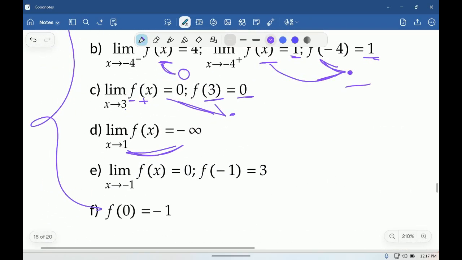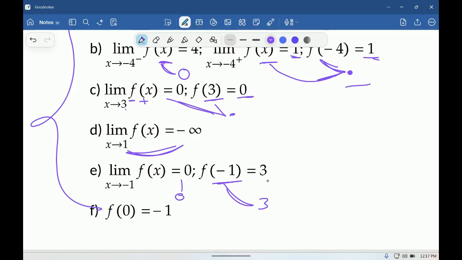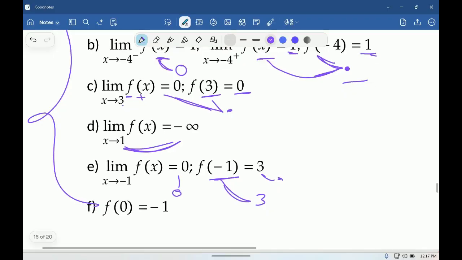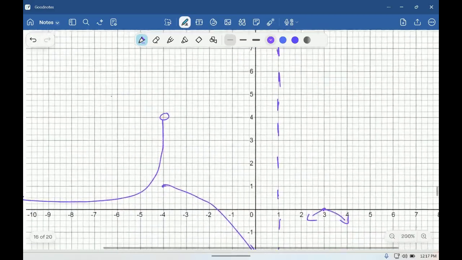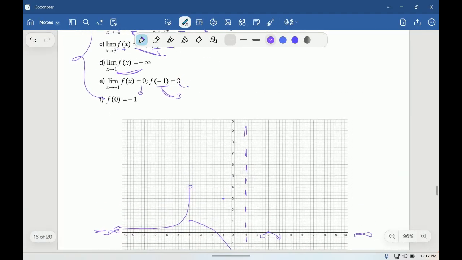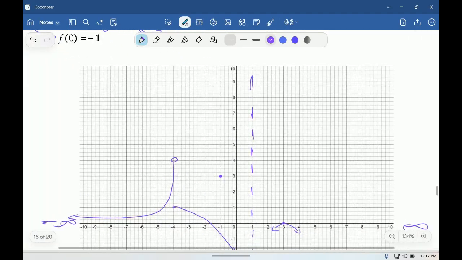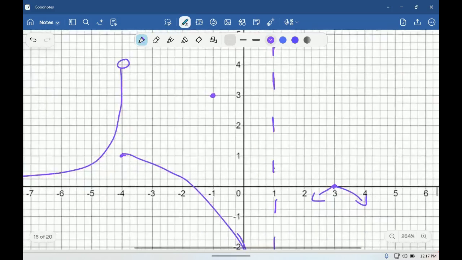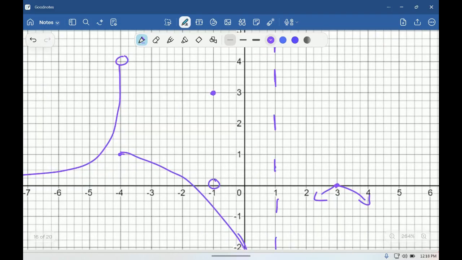And then for property E, it tells us that as the limit approaches negative 1, it's going to go to y equals 0, and then it specifies that it's going to go to 3, which means we're going to have two different circles, and only one of them is going to have a limit. So it's going to be open, and this is going to be closed. We're going to find the closed one first, and it's just going to be right over here. And then we're going to find the open one, which is going to be right over here.